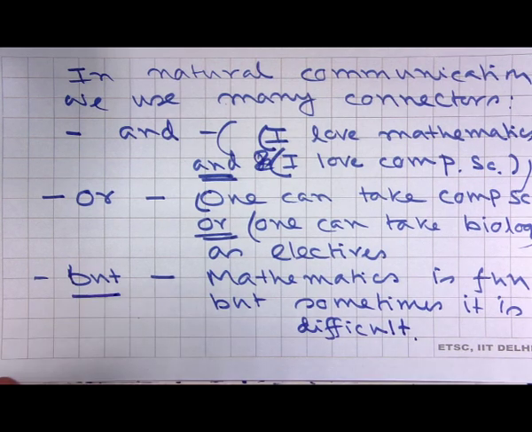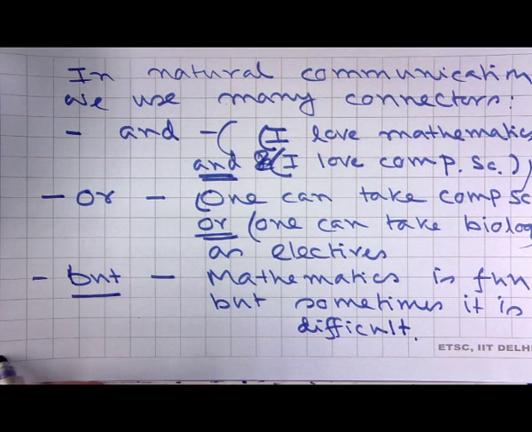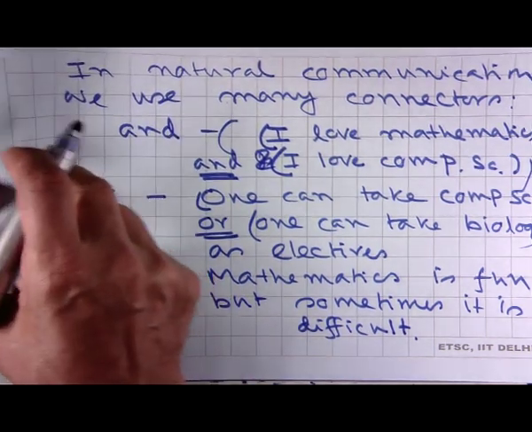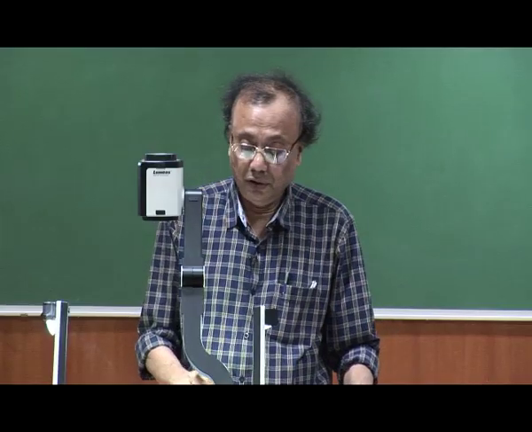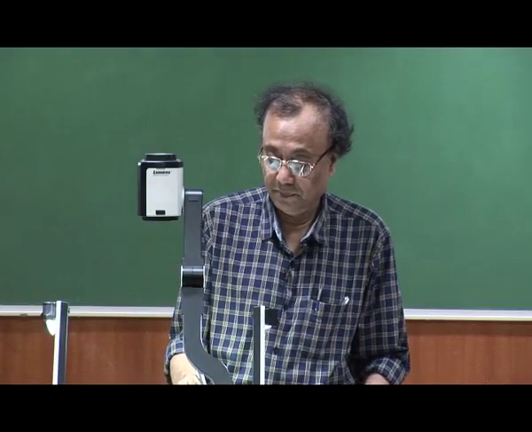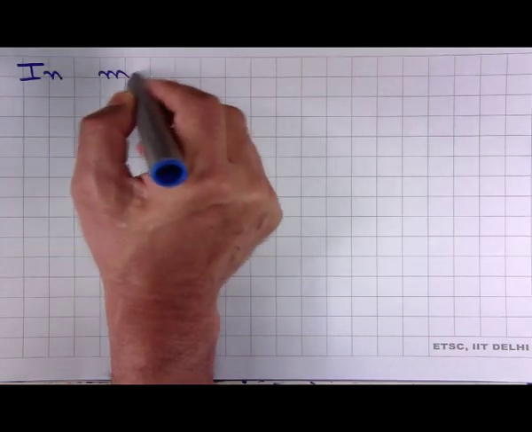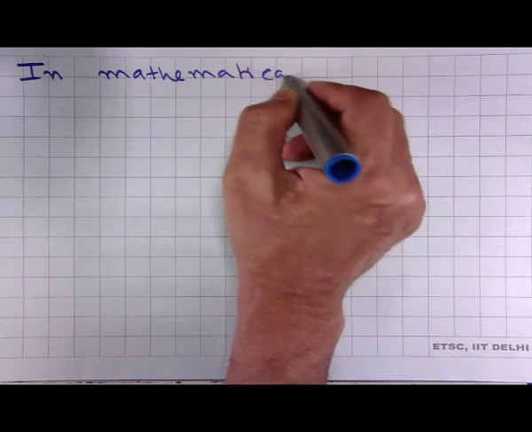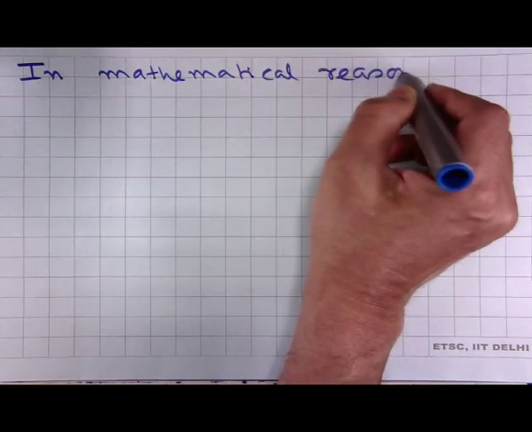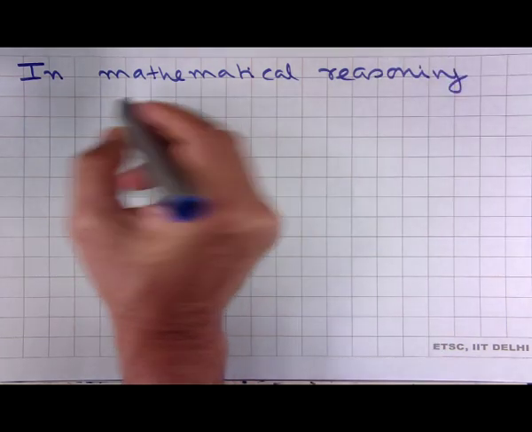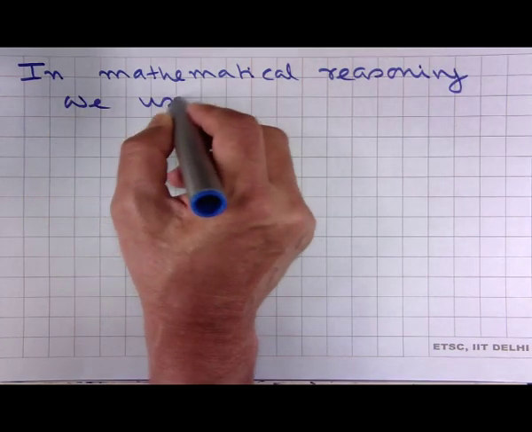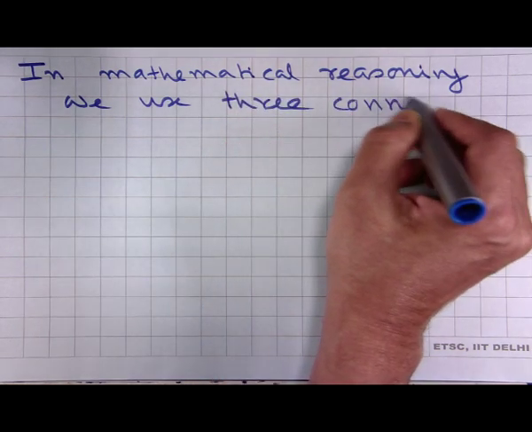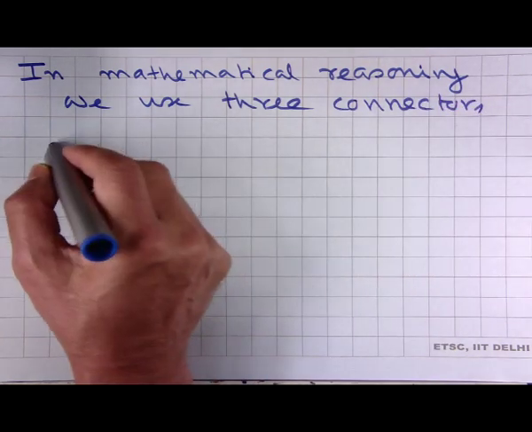This is another connector that we use in natural language, but when we are talking about mathematical reasoning, we use only 3 connectors. What are they?